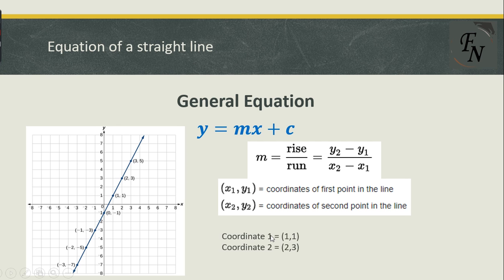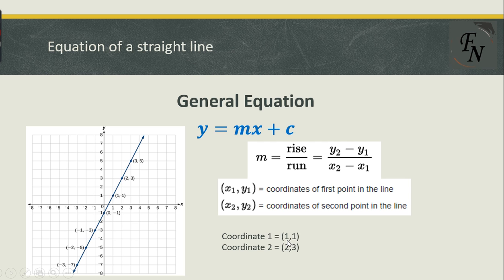Here I have taken two coordinates: the first is 1 comma 1 and the second is 2 comma 3. In the first coordinate, the first value is always x and the second is y.